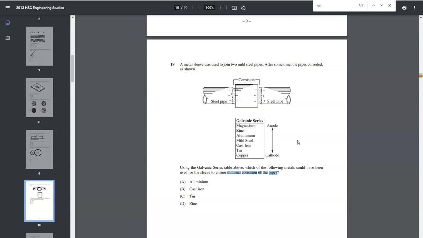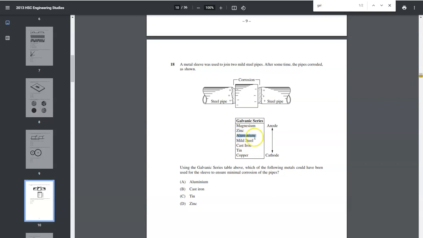So what we want to do is make sure that the material we use is... Okay. I would personally be using one of these materials, the aluminium or zinc.